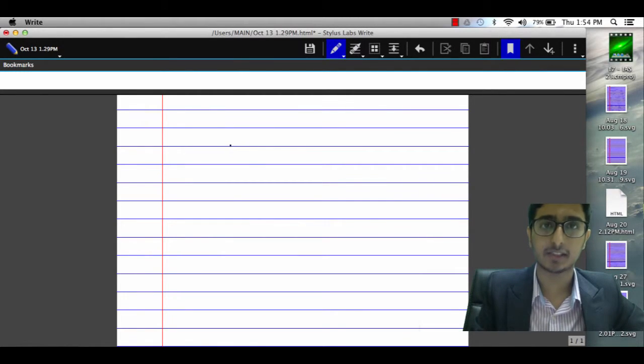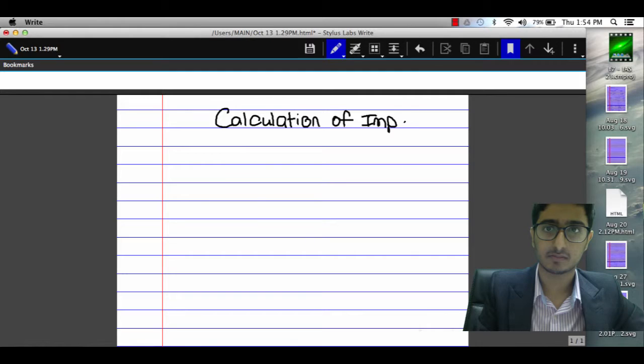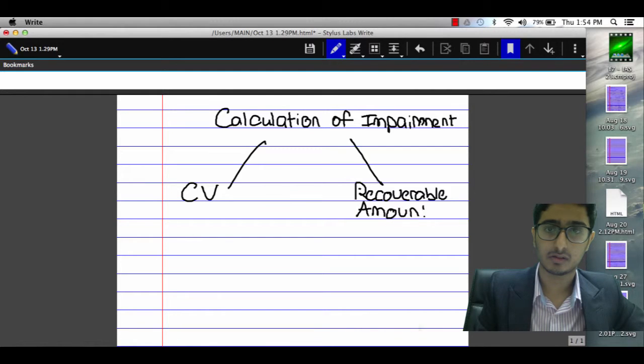IAS 36 tells us to calculate impairment by comparing two things: carrying value and recoverable amount. When impairment takes place, carrying value is greater than the recoverable amount.